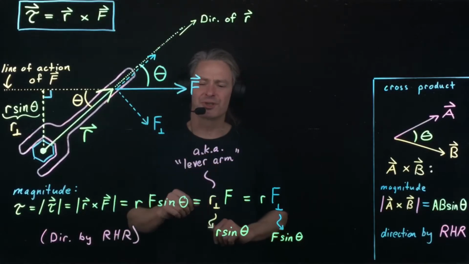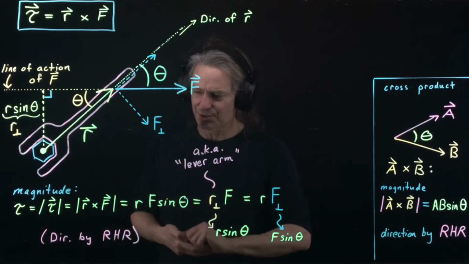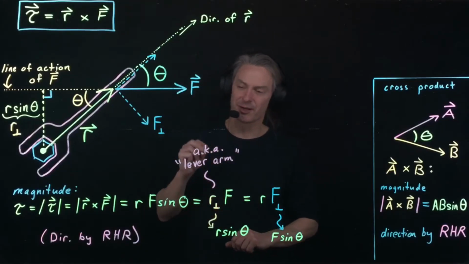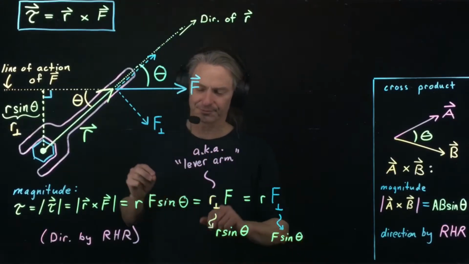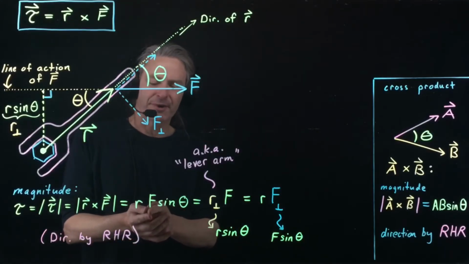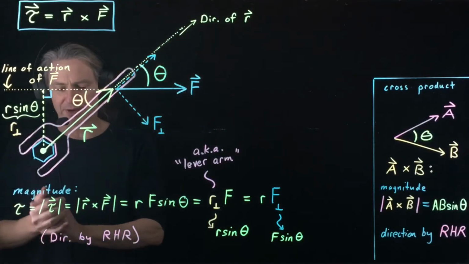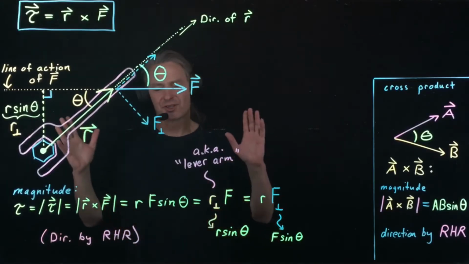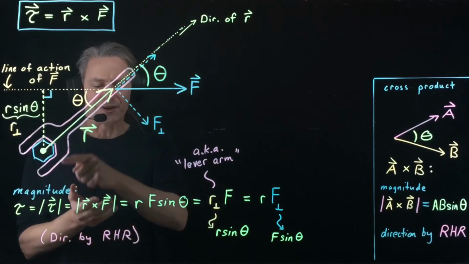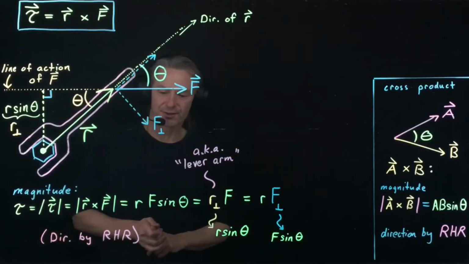So let's take a closer look at this. When we do, we'll see that this magnitude formula for the torque contains all the elements we talked about earlier conceptually. All else being equal, the greater the magnitude of the force, the greater the magnitude of the torque. Secondly, all else being equal, the greater the magnitude of the R vector, the greater the magnitude of the torque.